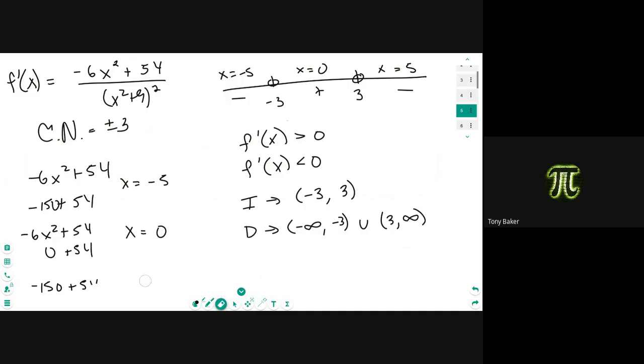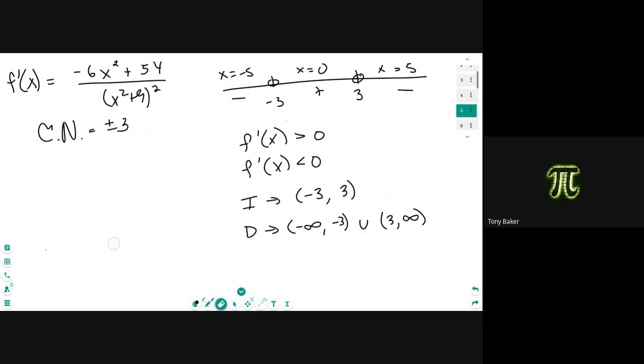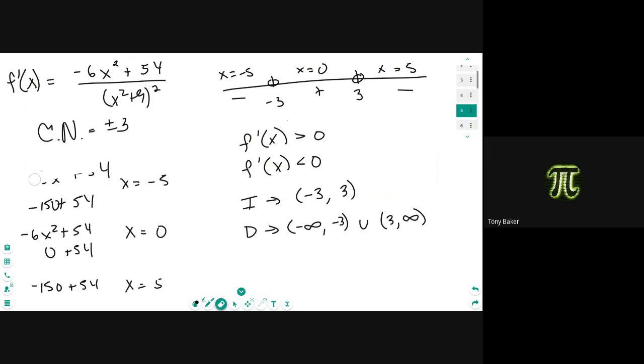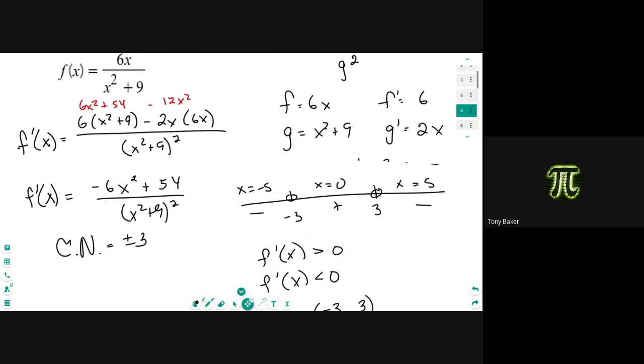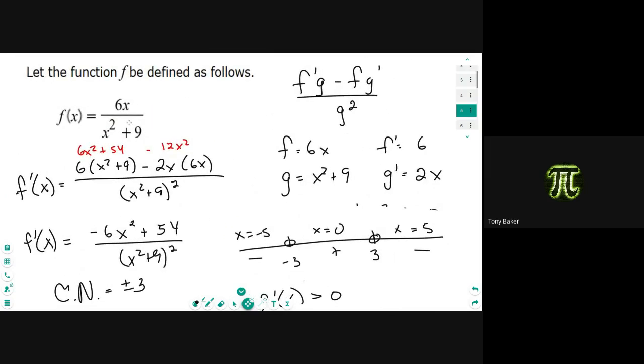So where are the local min and max? Now this is where we go back to our original problem. So in this case, let's go back to the original problem.